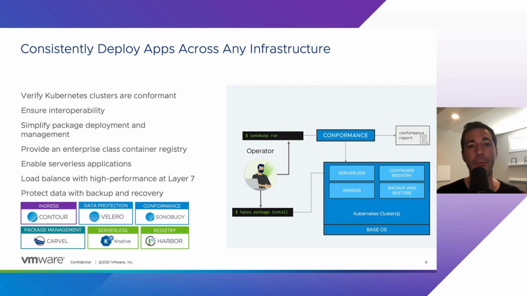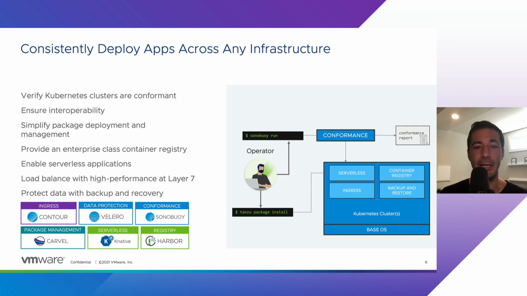You also get this other package called Sonobuoy. Sonobuoy is responsible for making sure that you can run conformance tests against your existing clusters. So if anybody tries to make a cluster look like a snowflake, you can get reports for it and remediate it at that time.